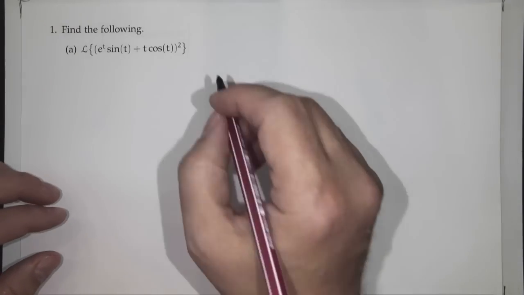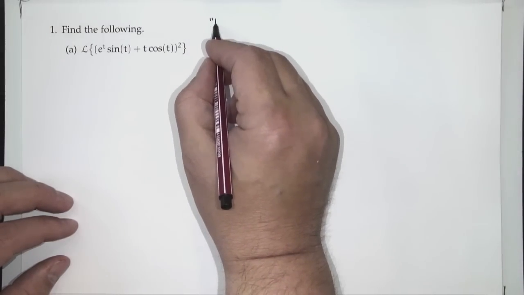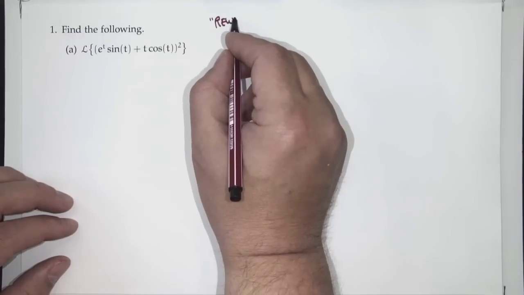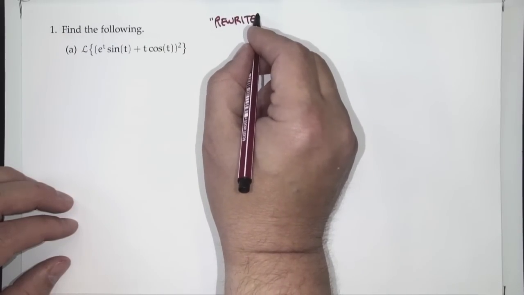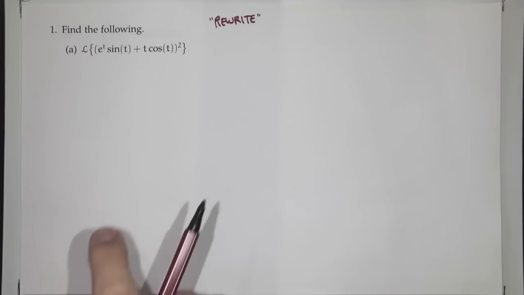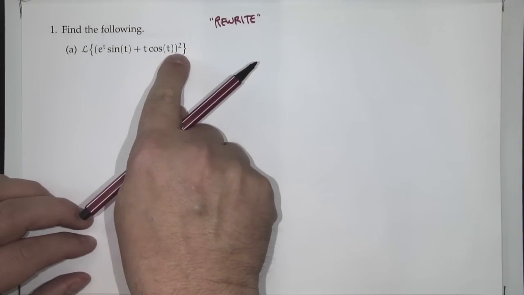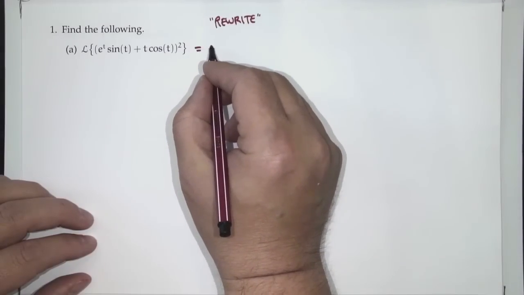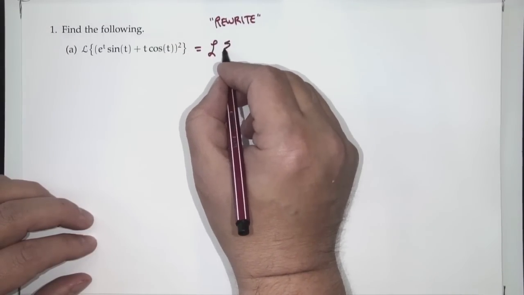simple idea, we rewrite. Now, I know this is so obvious, but I just want to write it down because it's important to remember one of your best strategies for working with Laplace transforms is the ability to rewrite your expressions. So for us, our rewrite is going to be squaring. Okay, so we get this as the Laplace transform.